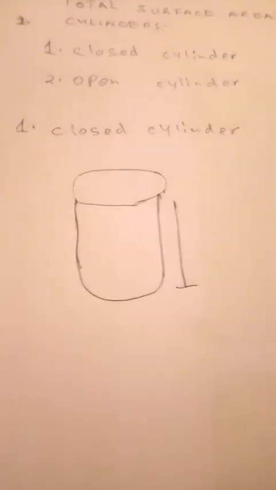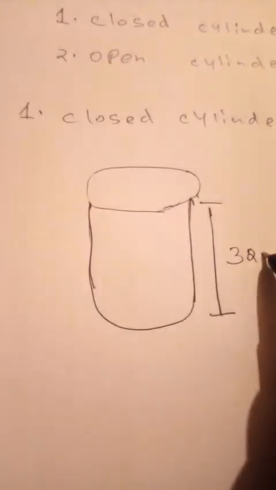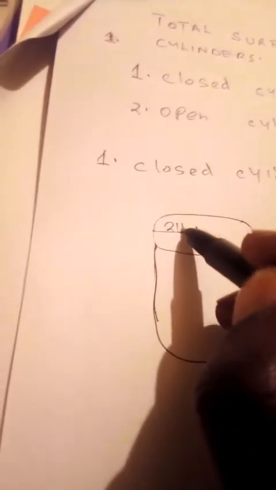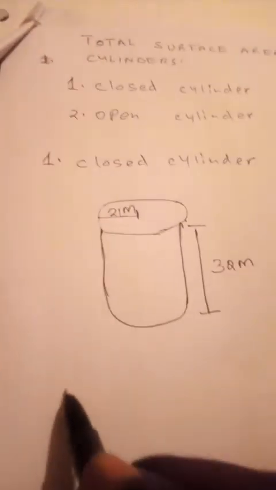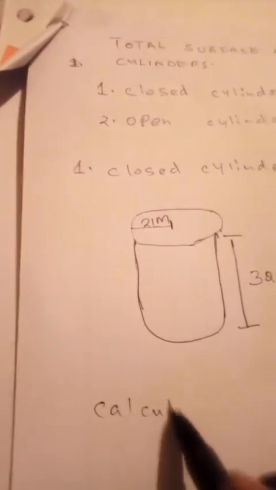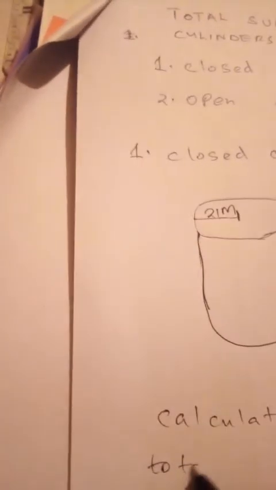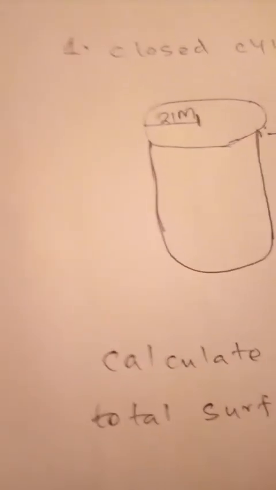If you have been given a closed cylinder of that kind and you are told that it has a height of 32 meters, and let's say that it has a radius of 21 meters, you have been asked to calculate the total surface area.